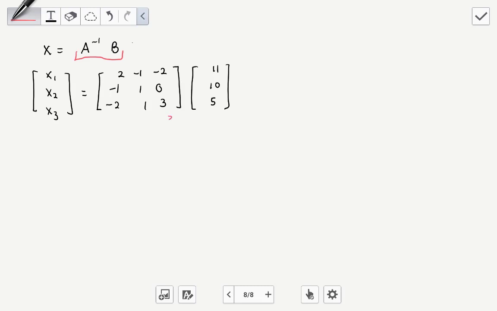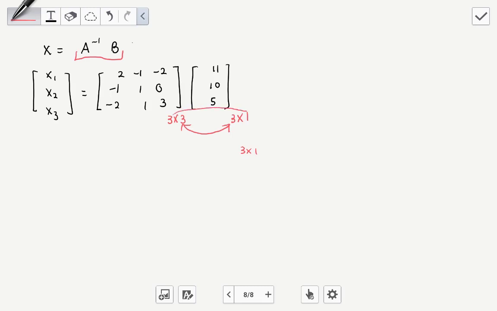So why is this so? Remember, this is a 3 times 3 matrix and this is a 3 times 1 matrix. This is the only way that you can multiply. These two matrices are compatible to be multiplied because the column and the row are the same. Your final answer is going to be a 3 times 1 matrix.